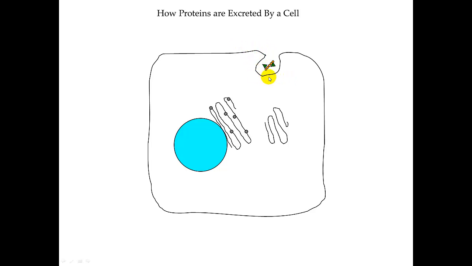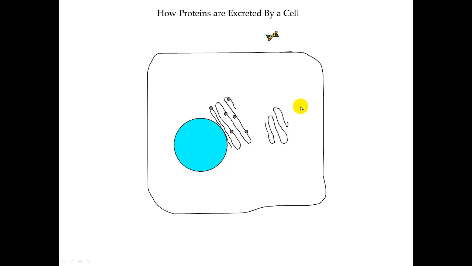And so once that fusion has occurred, that can then allow that fully modified and complete protein to leave. So one of the ways, again, that proteins can be excreted by a cell is by having the membrane of the vesicle, and this is the vesicle, again, that has the protein inside of it, fusing together with the outer membrane of the cell. Right?